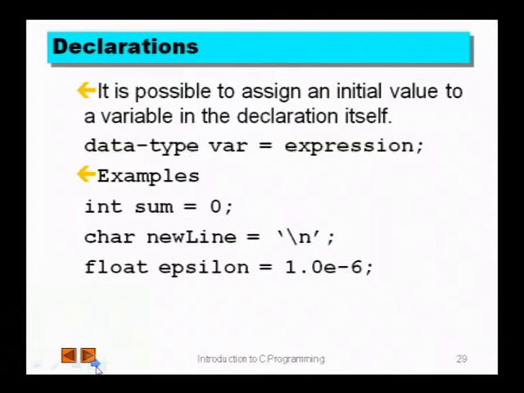For variable sum, 2 bytes of memory is allocated, for the newline character 1 byte, and for epsilon of type float 4 bytes of memory is allocated.